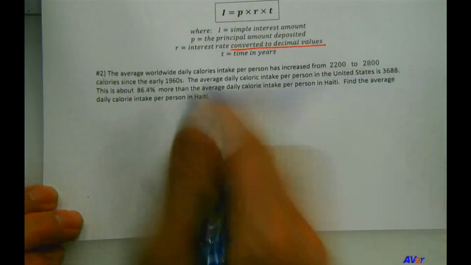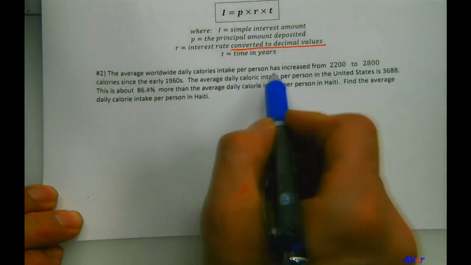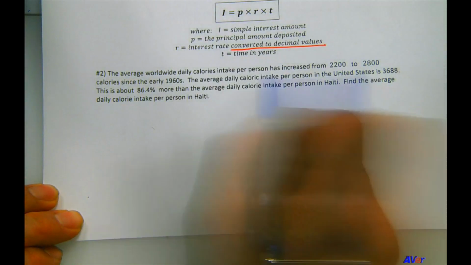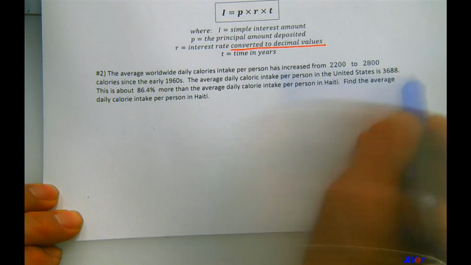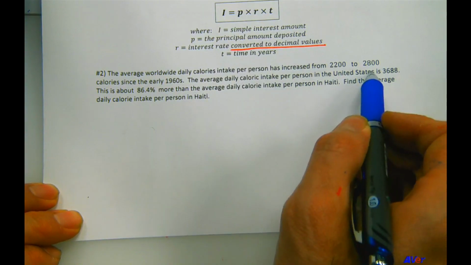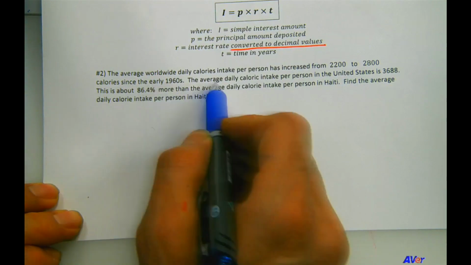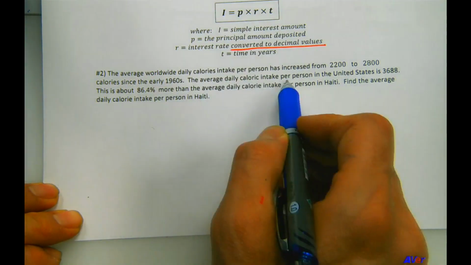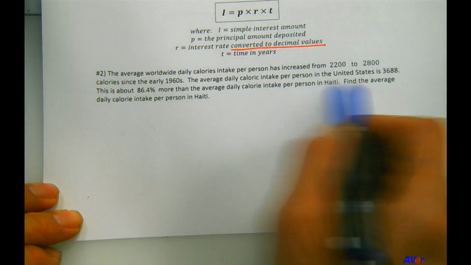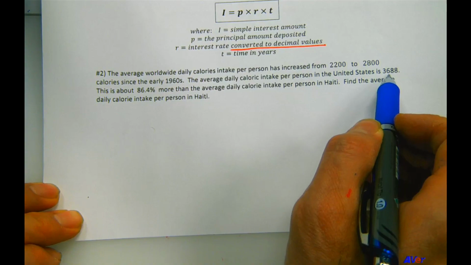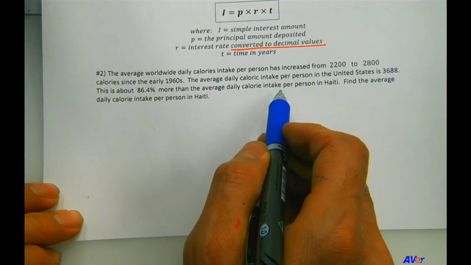So the average worldwide daily calories intake per person has increased from 2,200 to 2,800, right? So we're consuming more and more calories. Since the early 1960s, since that time, the average daily caloric intake per person in the United States is that much, 3,688 in the United States.